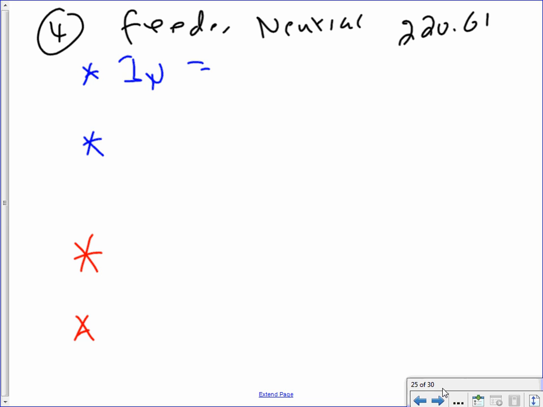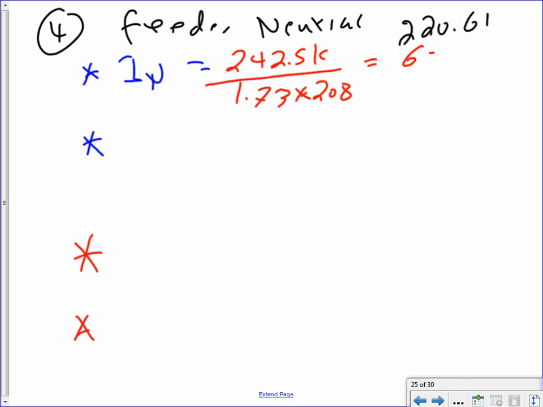Now let's go to the neutral. For my neutral, guys, I will remind you the neutral load was 242.5, so the same amount. 242.5K divided by 1.73 times 208 equals, the same calculation, 674 amps. Now, I want to remind you, 220.61(B), I believe, tells you can derate the neutral if it's more than 200 amp.